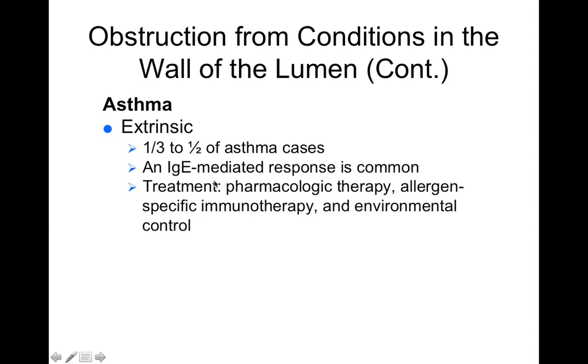People are allergic to different things, but if they're inhaling that allergen, that can lead to asthma. So the treatment of extrinsic asthma is going to be pharmacologic therapy, allergen-specific immunotherapy, or even environmental control. If you can avoid that allergen or allergic trigger, then you can help reduce the symptoms of your asthma.